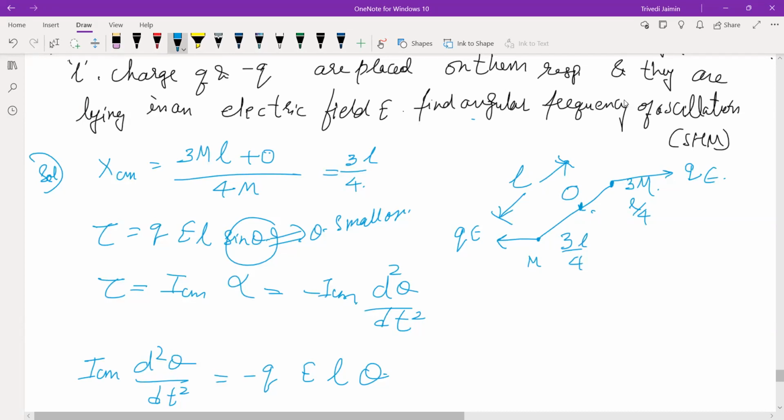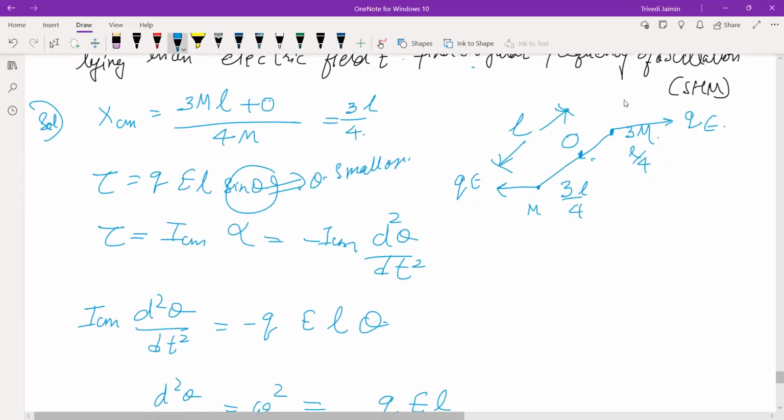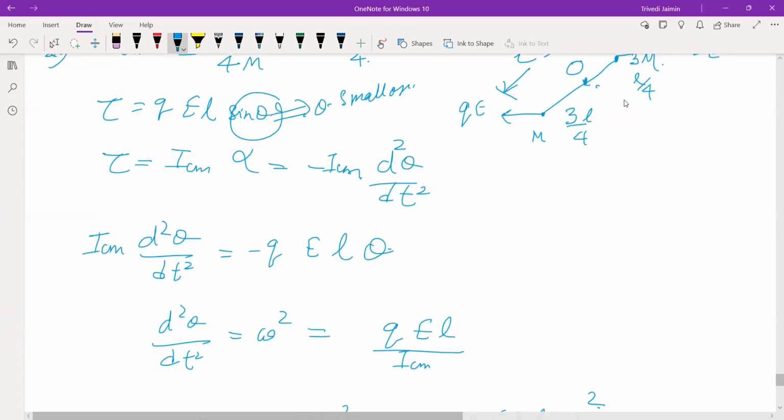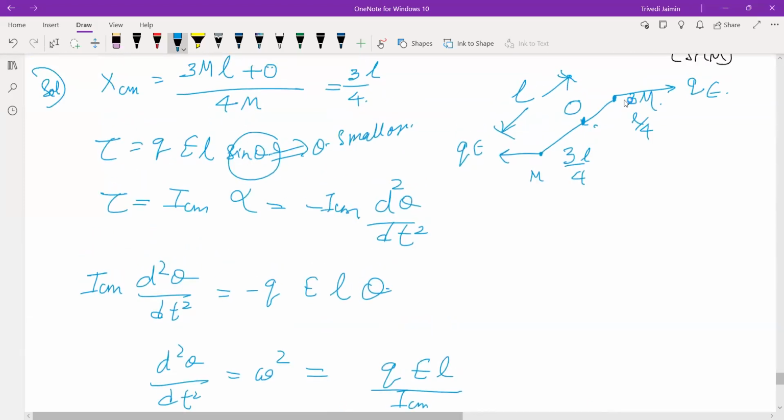Tau equals I alpha, where I is the moment of inertia. Then alpha equals d square theta by dt square, so omega square equals QE L by I center of mass.